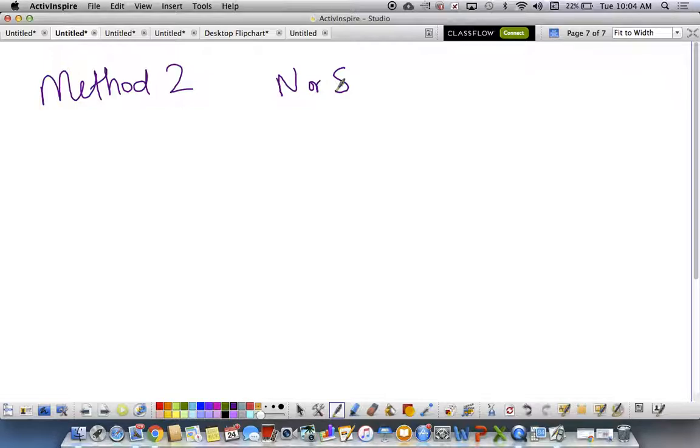Yes, that doesn't happen very often. Will I ever have an obtuse angle? No, not with method 2. Then you'll be given an east or a west.